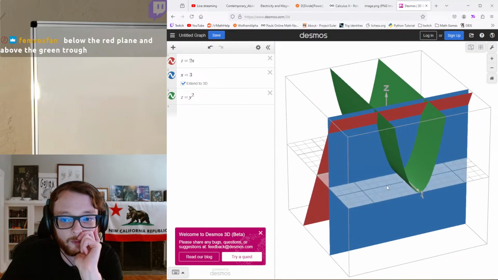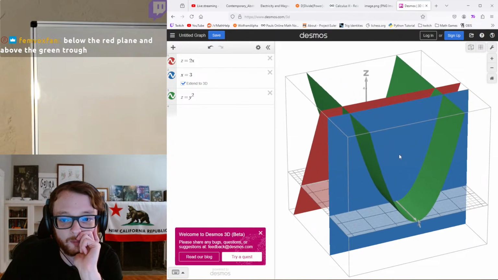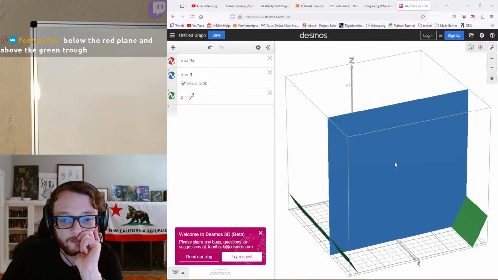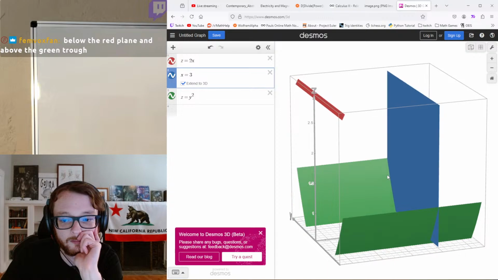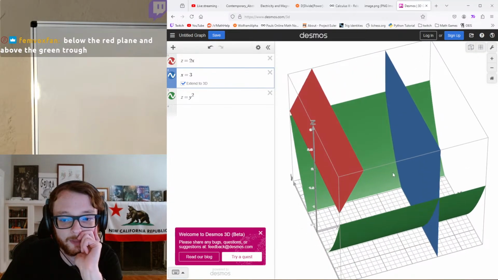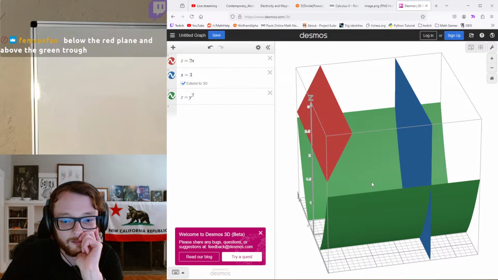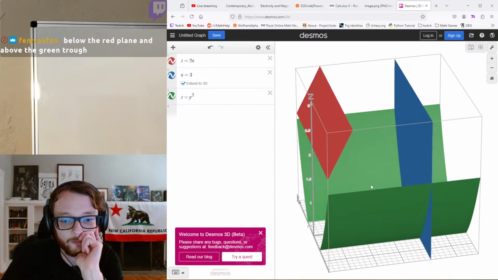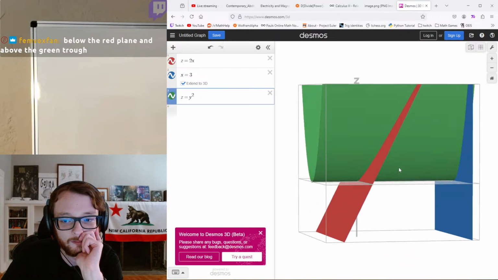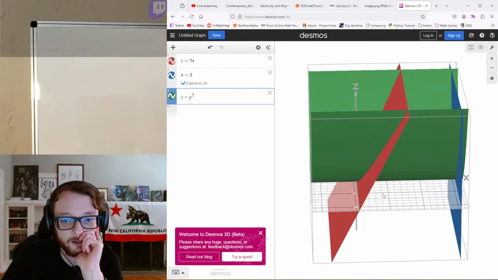Yeah, so we want below the right plane and above the bit inside there, I guess. It's kind of hard to say. No, even if I take y equals 0, you can't really... Can I?